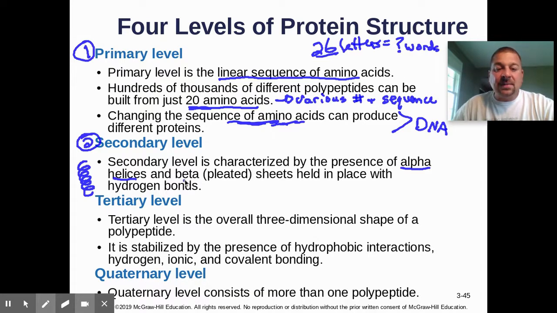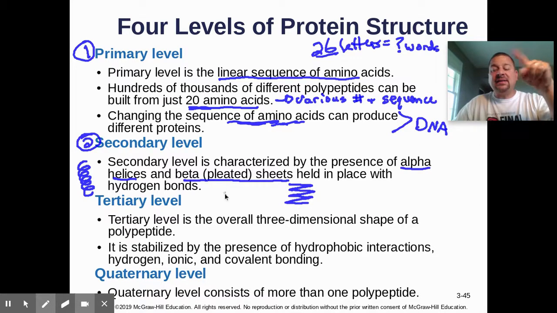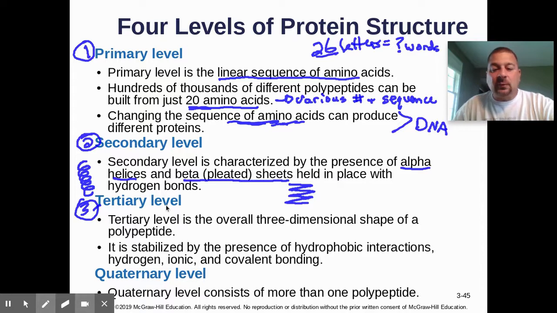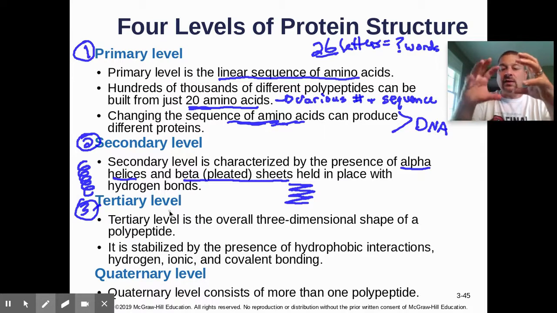They also found beta, or pleated sheets, where they tend to do more of a zigzag instead of coiling. So different parts of that polypeptide chain can have both of these, a helix, then a beta sheet, then a helix, and another beta sheet, which leads to number 3, the tertiary level, where it starts to coil and clump up together.